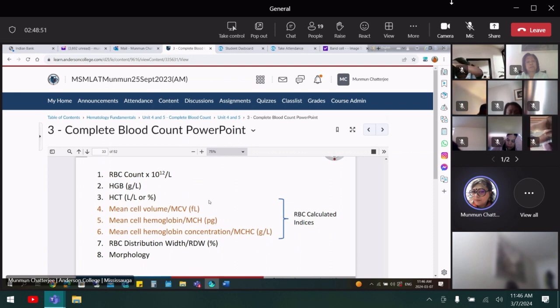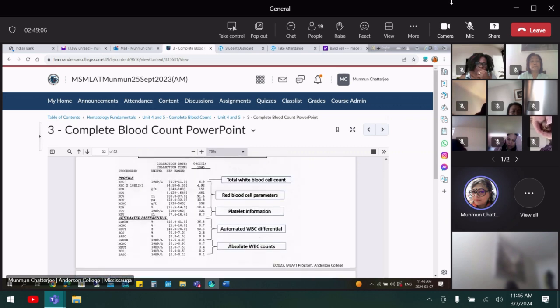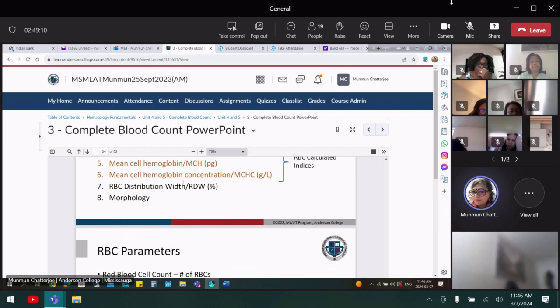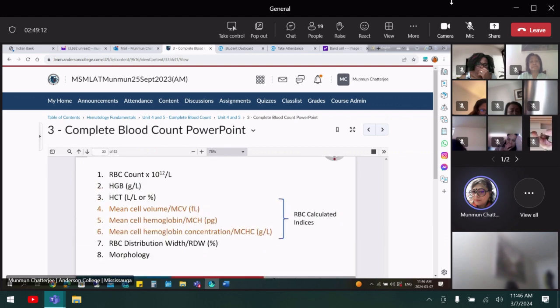Which one is going to give you the RBC indices? You have to know all which start with M, but it should be H or V. It's not MCP. MPV: MP is platelet, but when it is MC, it is related to hemoglobin.